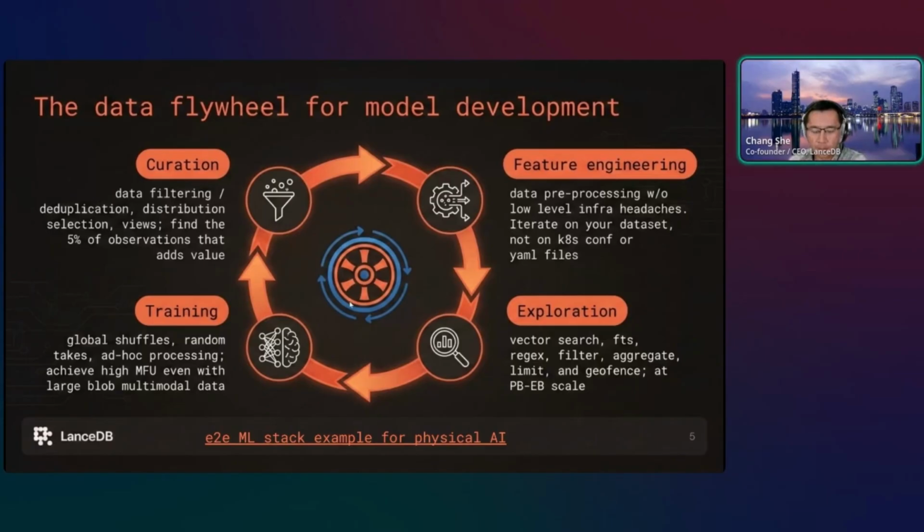So that makes the challenge of high utilization really hard. And we can think about utilization either simply as GPU utilization throughout the training process, or MFU, model flop utilization, which is a little bit more of a sophisticated measure that measures a percentage from a theoretical ceiling rather than just absolute 100% GPU utilization. But this is typically what we call the data flywheel for model development.